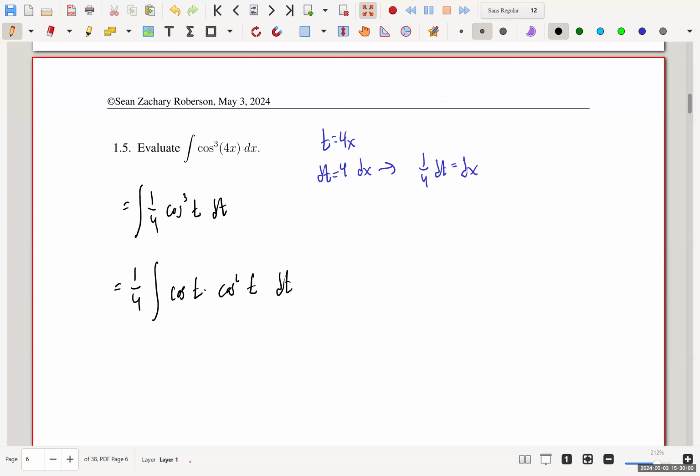Anybody? 1 minus sine squared is the winning move. Very good. So we're going to write that as 1 minus sine squared. This is going to be the powerful move here. We have cosine of t times 1 minus sine squared of t dt.